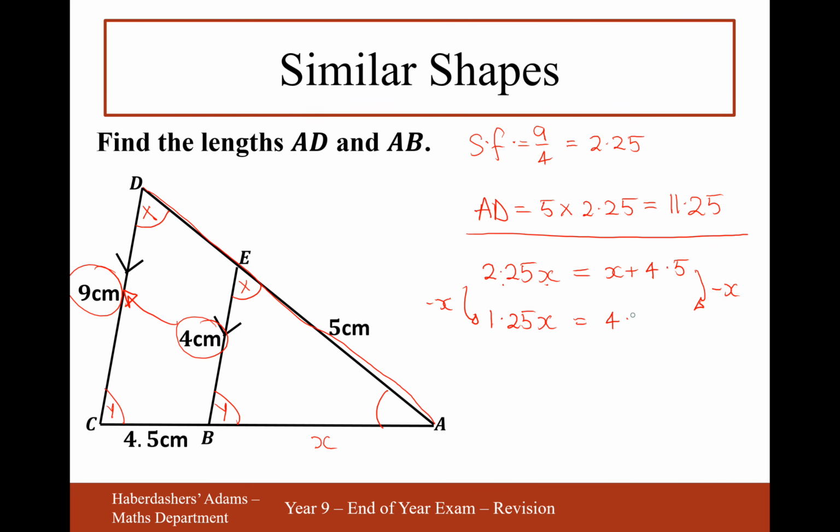On the right it will leave me with 4.5. And then I'll divide both sides by 1.25 to get rid of the multiplier. 4.5 divided by 1.25 gives me 3.6. So the answer to x, which is AB, is 3.6. Quite a difficult question, that one.